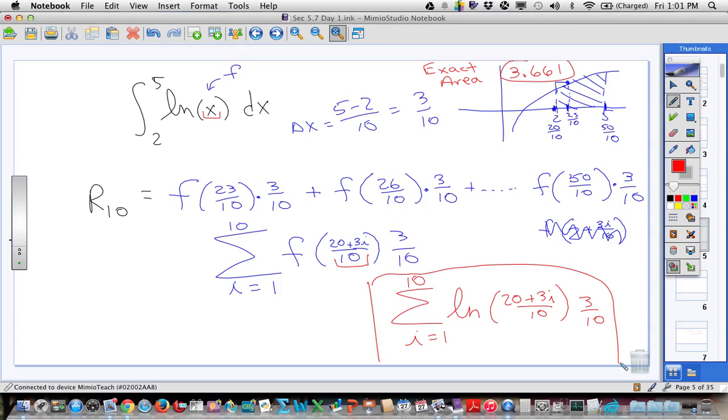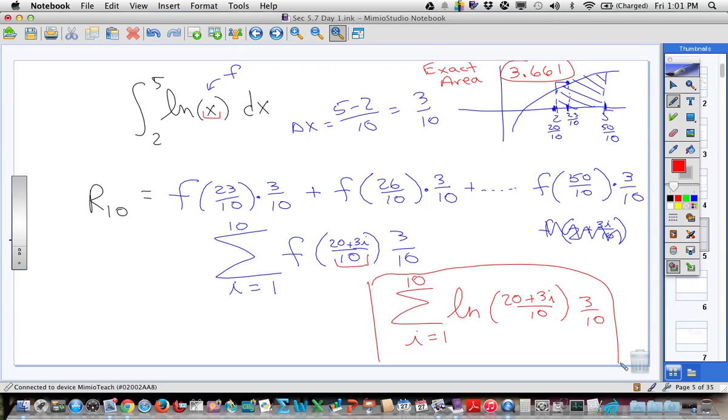Because while you're doing that, even to do 10 individual rectangle areas by plugging them into natural log, you could go 23/10, plug it into ln, times it by 3/10. Then you can take 26/10, plug it into ln, times by 3/10. And you do that for 10 rectangles. It wouldn't take too long. But if you want to do 100, 1,000, it would take forever. So writing sigma notation is a good way to do this.